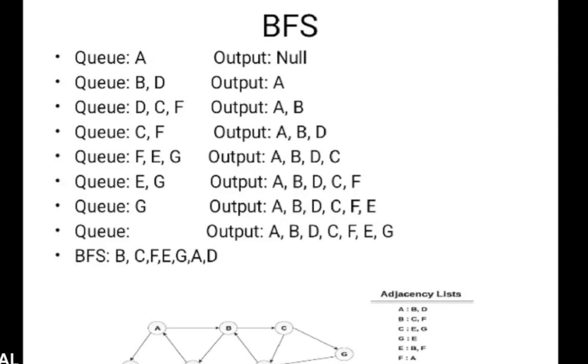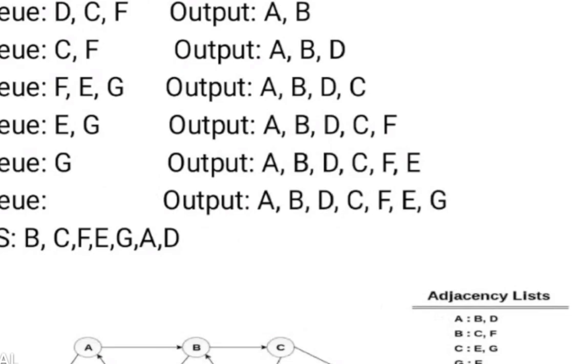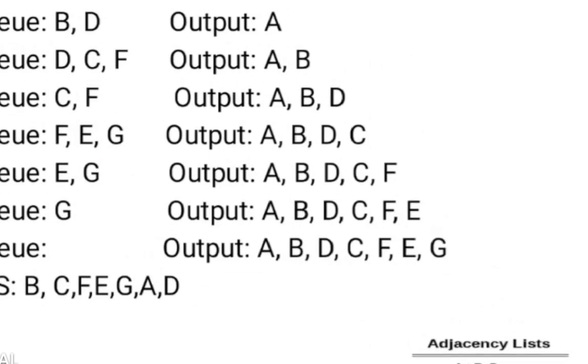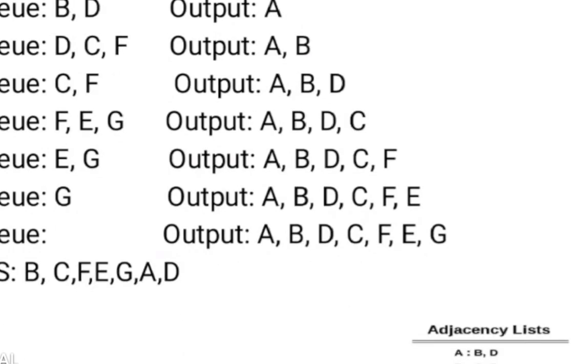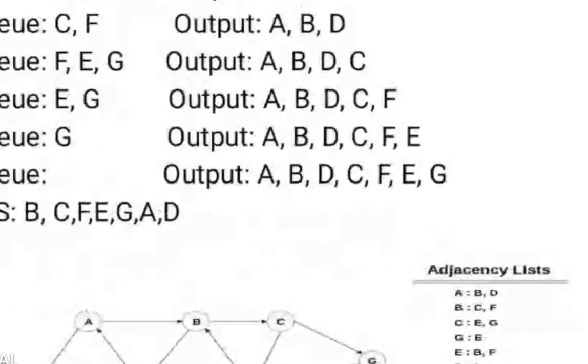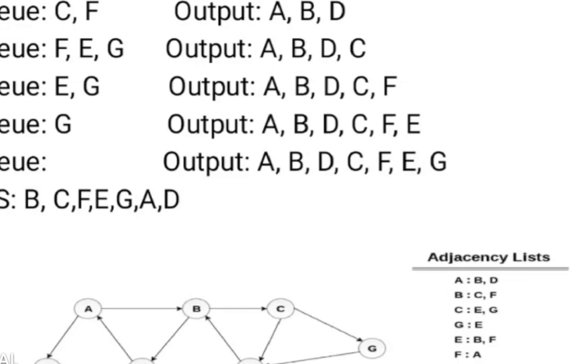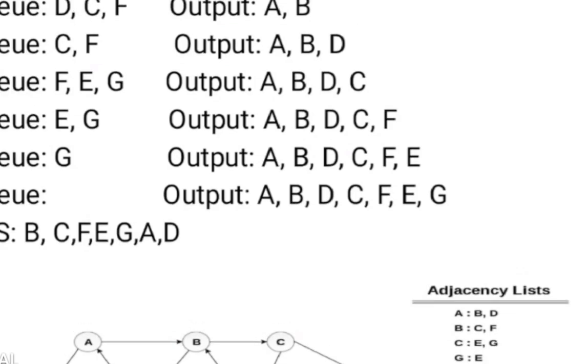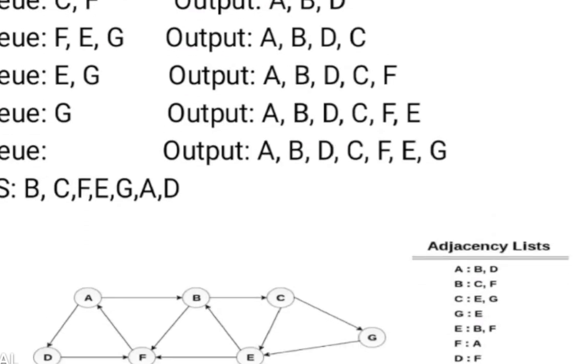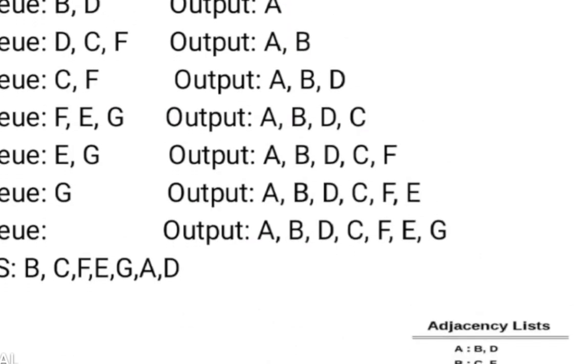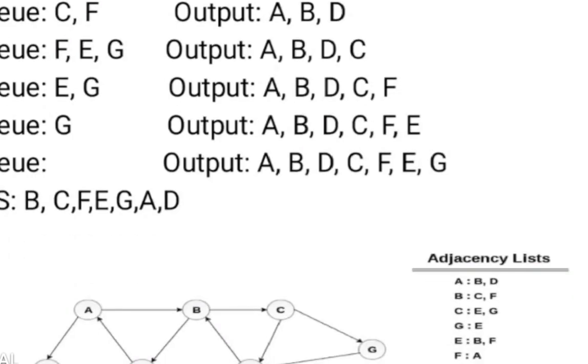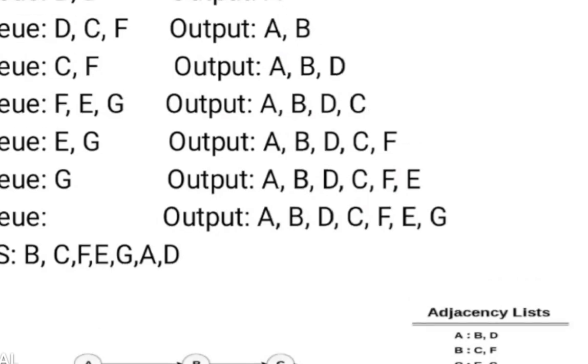Like for this graph, it starts from A, then the two neighbors B and D. From B, in the queue it has B and D, the output is B. Then from B again, in the queue the neighbors C and F are added, so output is C.